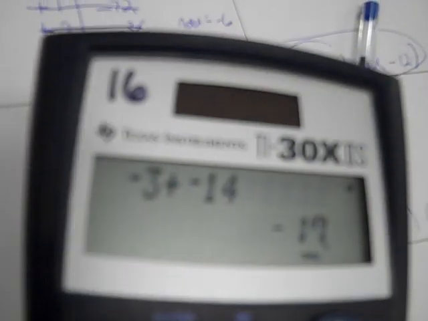Next, after 1 comes 2. 2 and 21. Nope. After 2 comes 3. 42 divided by 3. You're always going back up to the 42. 3, 14. -17, no. Getting closer though.